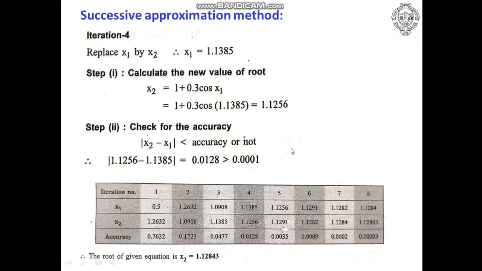So I have to repeat this procedure till your criteria of accuracy gets satisfied. So I will repeat this procedure for 5th iteration, 6th iteration, 7th iteration, and 8th iteration.